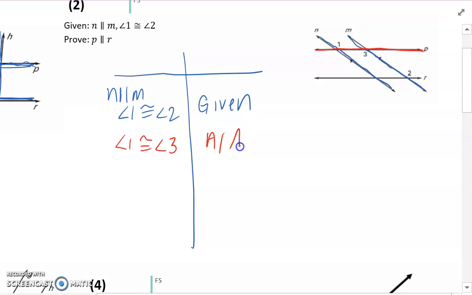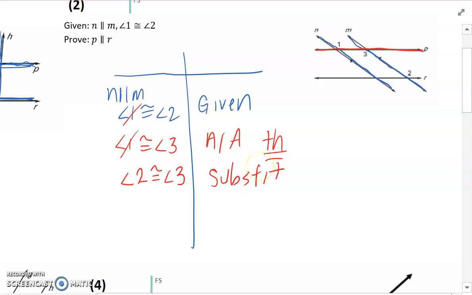Alternate interior angles theorem. I don't care too much that you put the theorem, but you cannot put converse there. That's all you have to make sure. We already have angle 2 congruent to angle 3, right? 1 is 2, 1 is 3, cross out 1, that's a substitution.